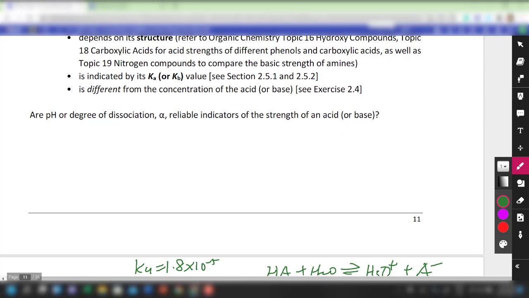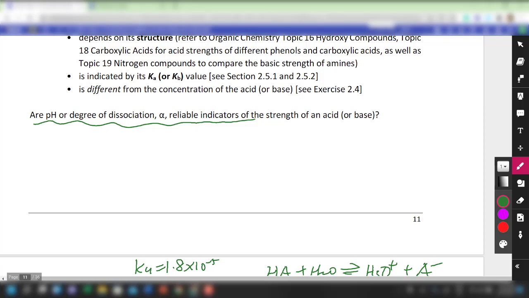I don't know whether you noticed that. Earlier on, we have a question. Of course, I mentioned that it's open for discussion, but from this part, it seems to give us an indication of which is a more reliable indicator. Whenever we want to compare across the different acids, what is fairer is that we need to ensure their concentrations are the same before we can discuss, because if the concentration is different, then the discussion will not make a lot of sense.